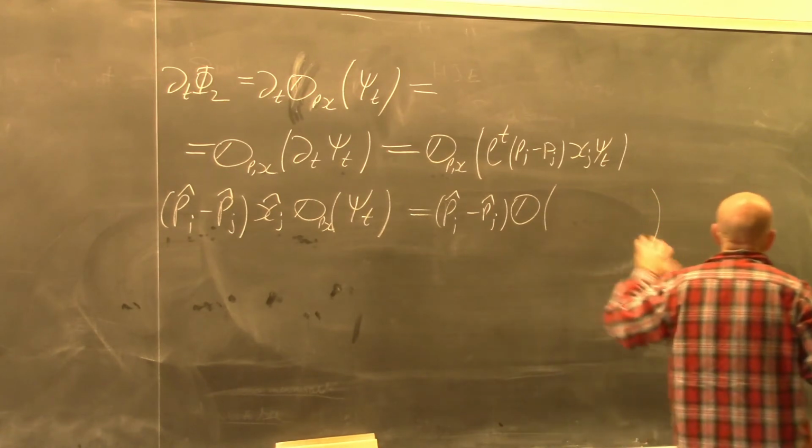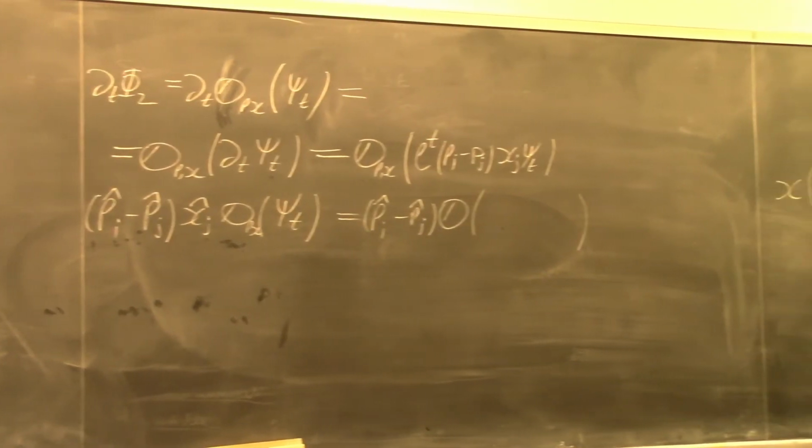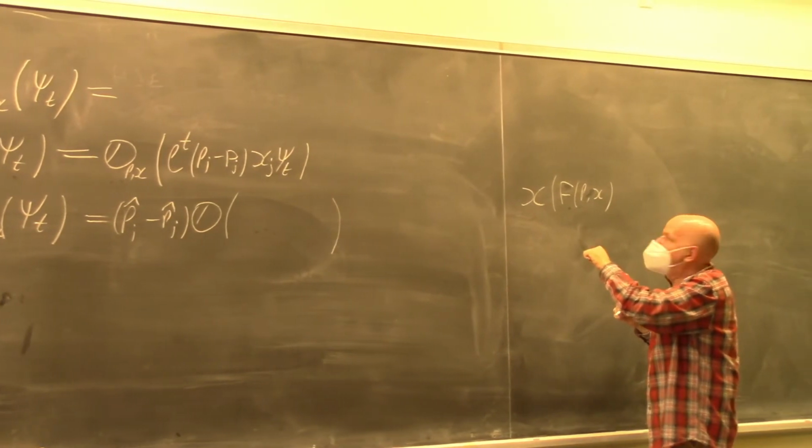Let's think about it. So I want to multiply x into some function of p and x, where the p's are written ahead of the x's.